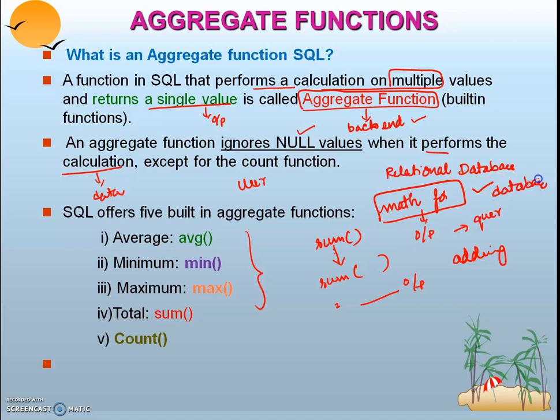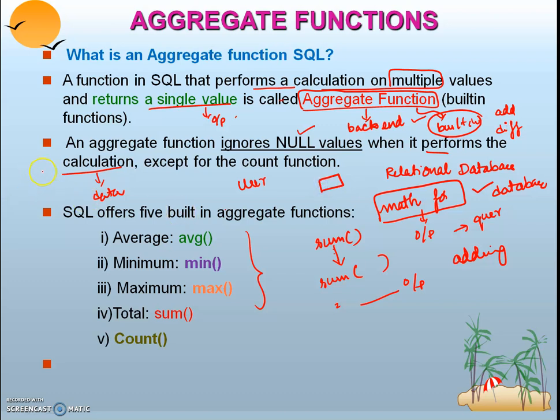These are already inbuilt and have a backend algorithm, so you need not write a separate set of instructions for each operation, for addition or for division. Once you use this ready-made or inbuilt function, the operation will be done over the set of values.